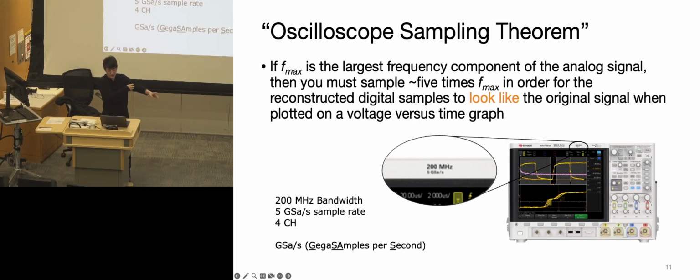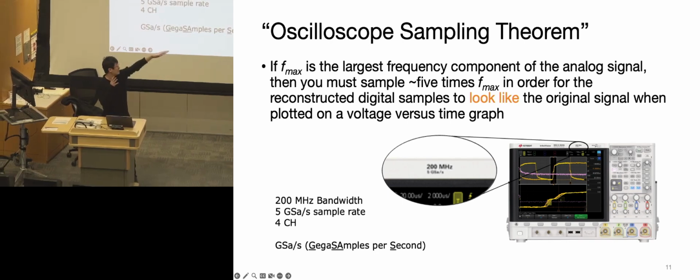And the device itself is capable of doing up to 5 gig sampling rate per second over 4 channels, because it's a 4-channel oscilloscope. What that means is if you only have 1 channel running, you can go up to 5 gigahertz sampling, which gives you roughly 25 times the highest frequency you're able to sample on this device.